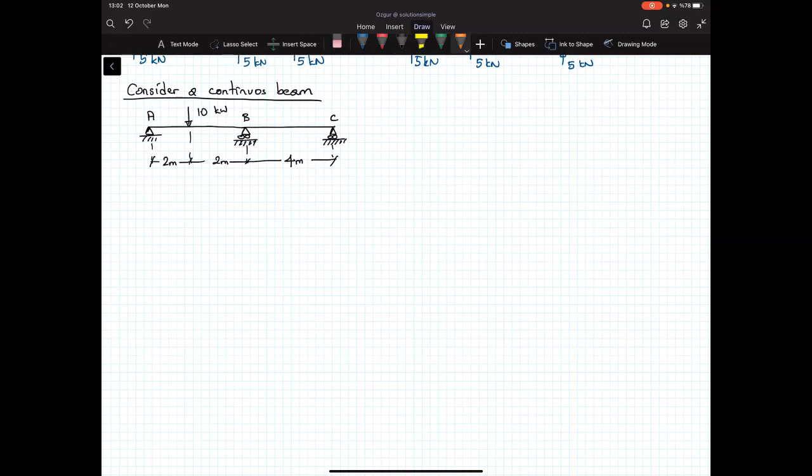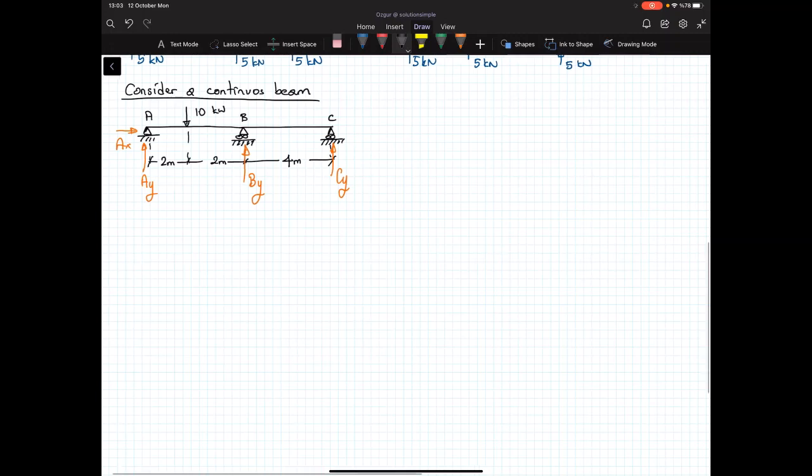Now this time, let's take the support reactions. Again, I have AY, AX, BY, and CY. Now, in that case, what do I have? I got 4 unknown support reactions.